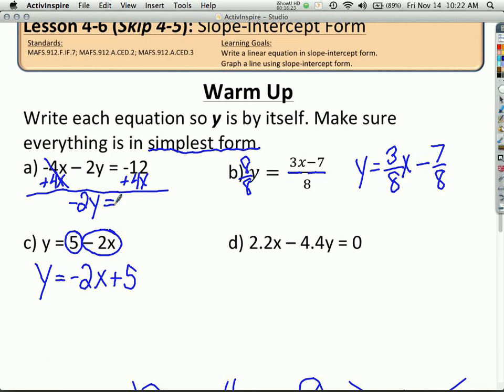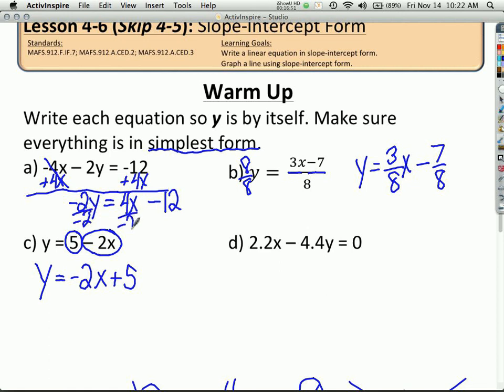Now, Essence, you helped us before. Please help us again. What do I write first, the negative 12 or the 4x? You always put the x term first. So now we put 4x minus 12. What's the next step to get the y by itself? Juliana and then Jamel. Very good. So divide everything by negative 2.